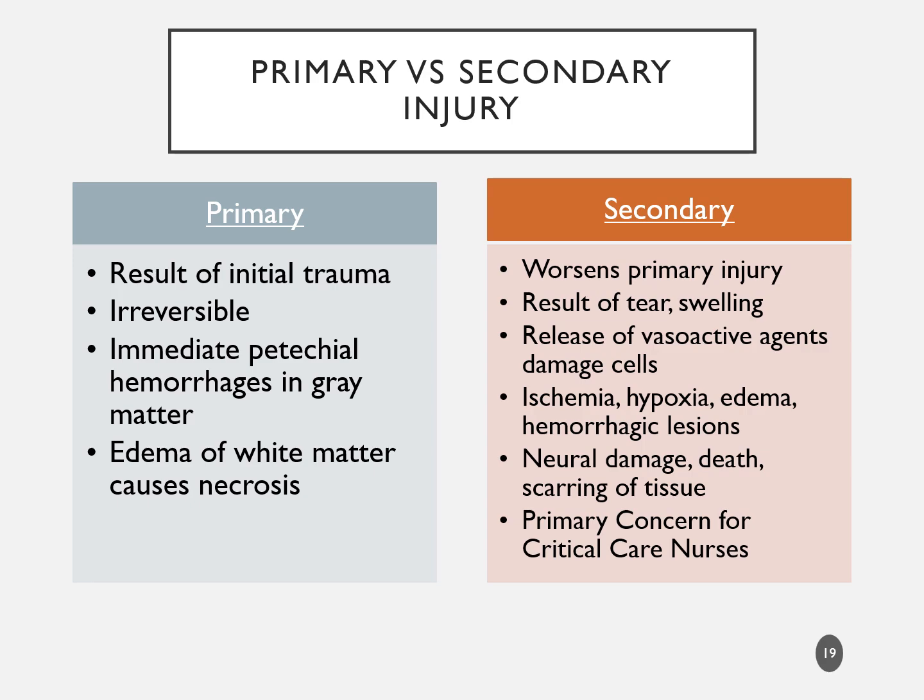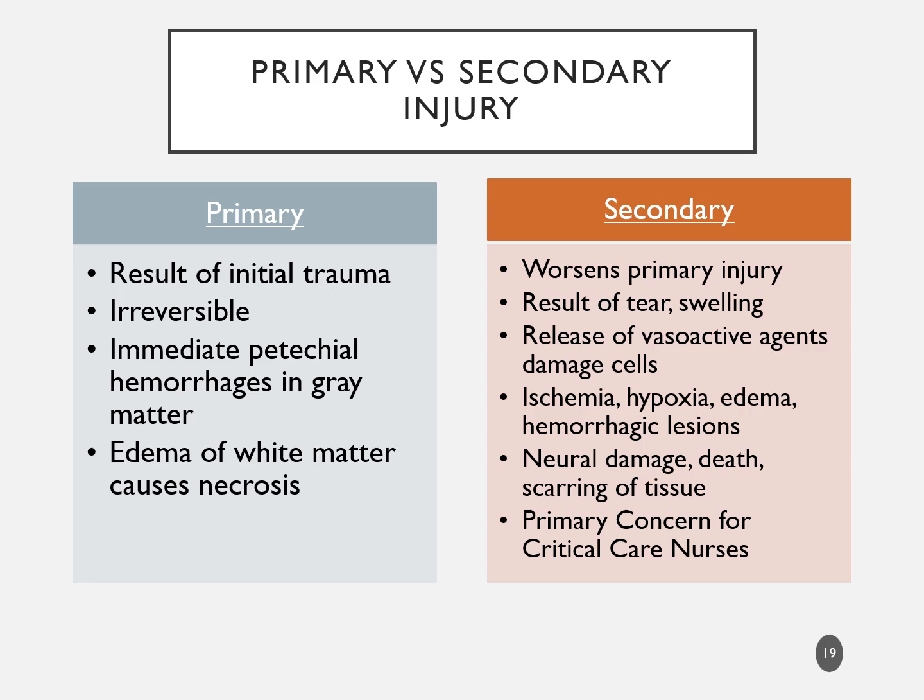Release of vasoactive agents is damaging the cells in the cord. Again, if you have lack of blood flow, if the patient is hypotensive or hypoxic, that in turn will affect the spinal cord, causing hypoxia of the spinal cord. So there's no oxygen getting to that cord, which in turn is going to cause edema.